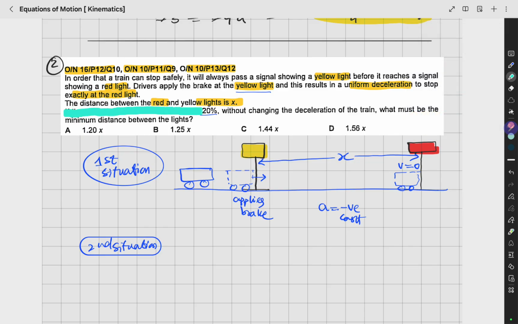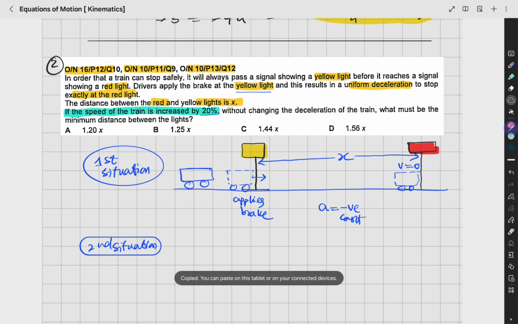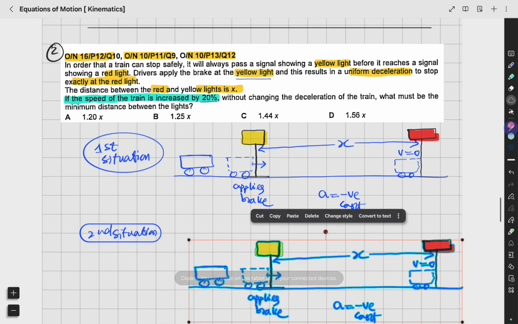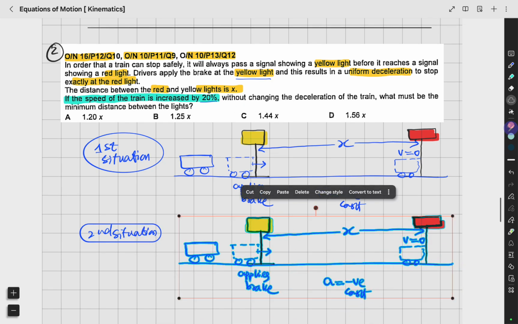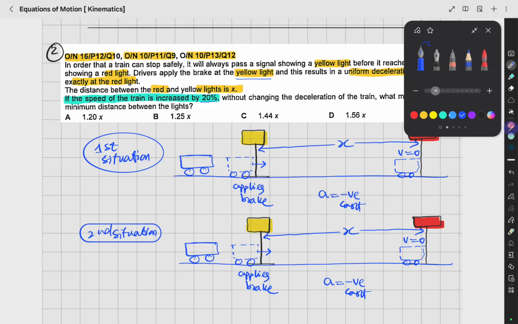If the speed of the train is increased by 20%. So let me redraw this again over here. I can just copy and paste it here. So now what they're saying is that the speed is increased here.